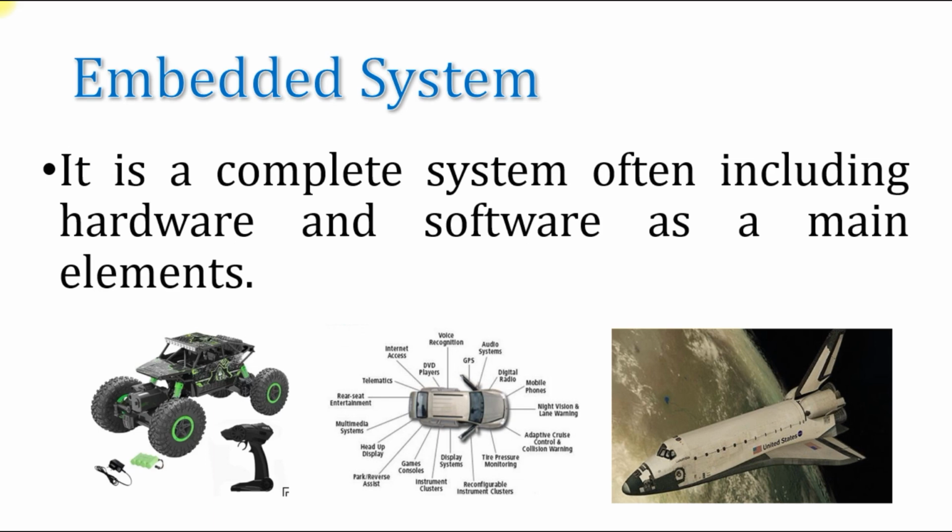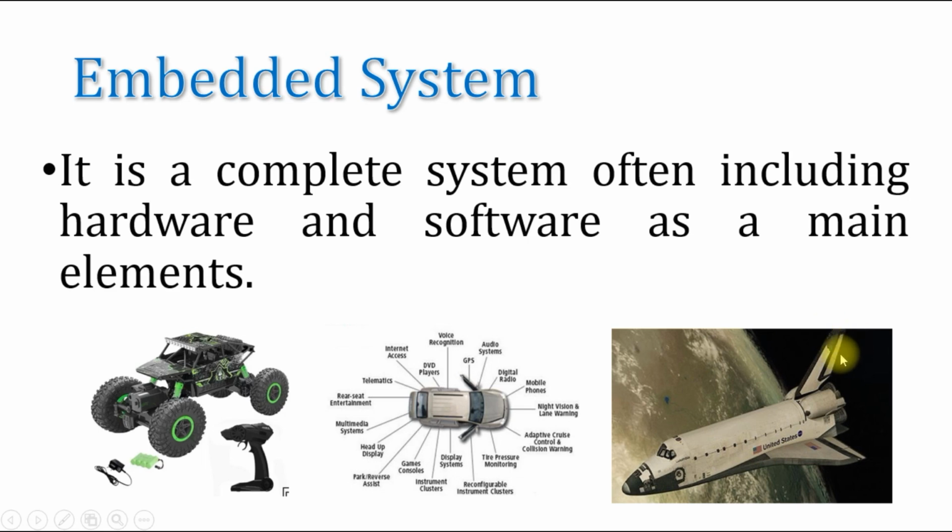So you can find systems like a mobile phone, laptop, computer, tablet, and an automobile, or it may be a small toy, a remote controlled toy, or a very large aircraft.